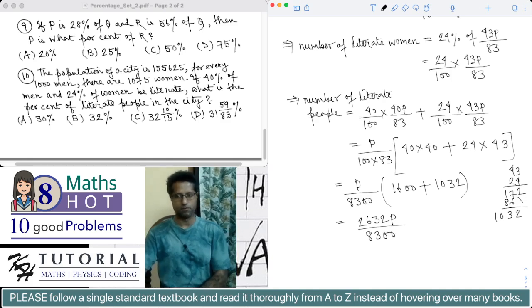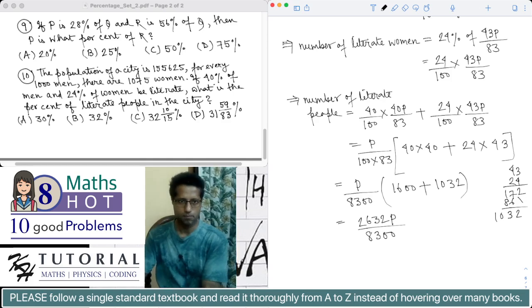So this is the total number of literate people in the population in the city, where the total population we have assumed to be p.